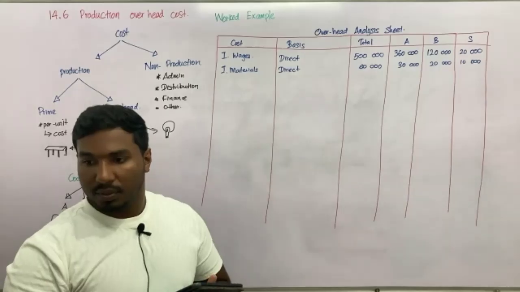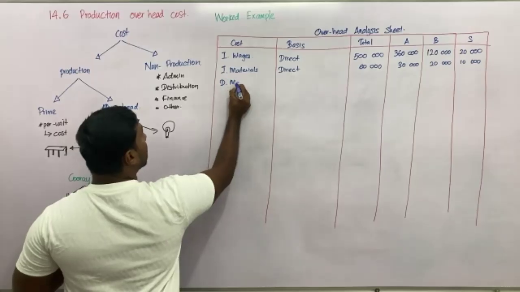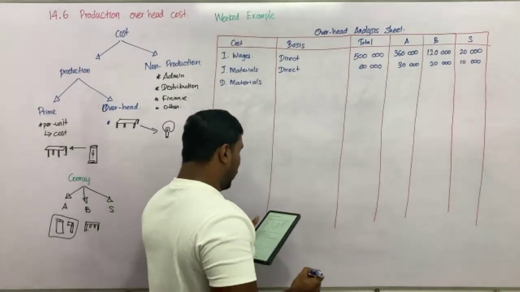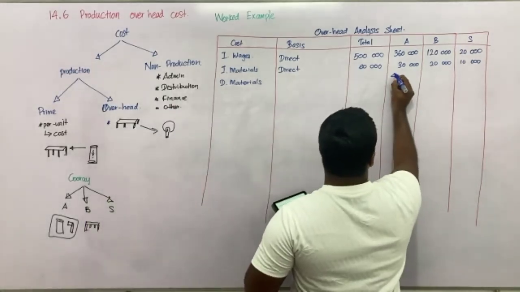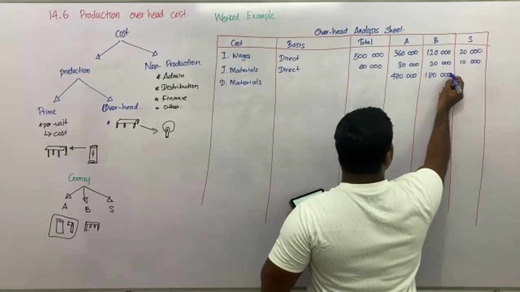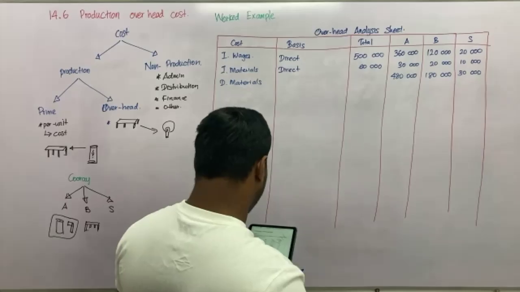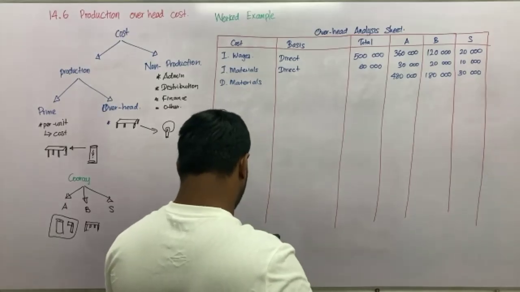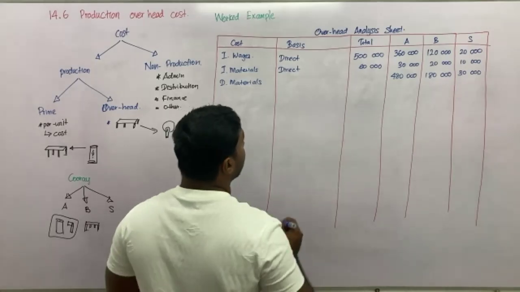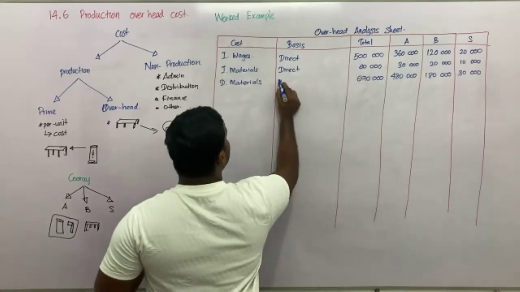It is also directly given. Third one, direct materials: 480, 180, 30, which equals 690, which is also directly given.